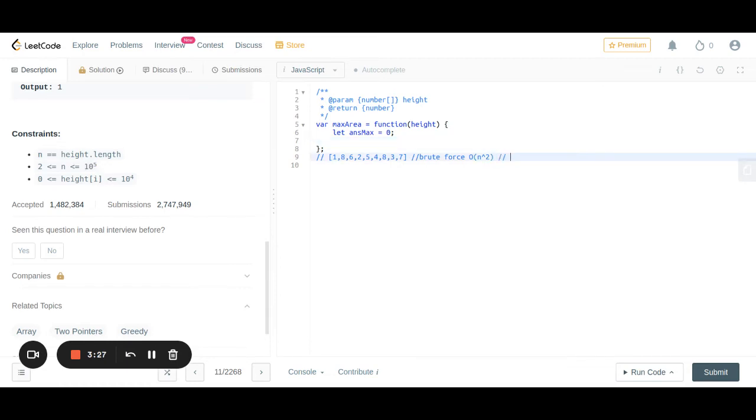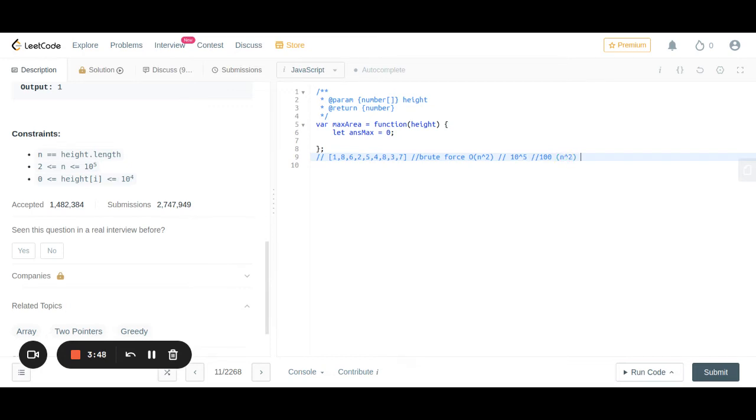If there is 10 raised to 5, then you should always think of a linear solution. If the constraint is like 100 or 1000, then you can look for an n square solution.